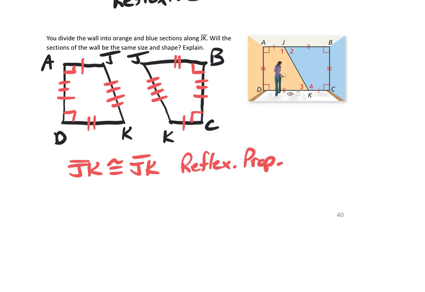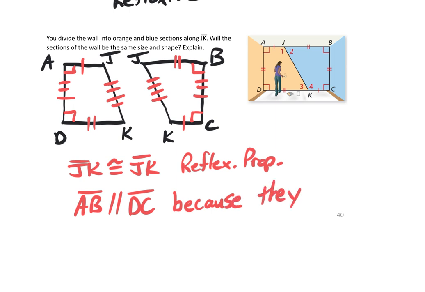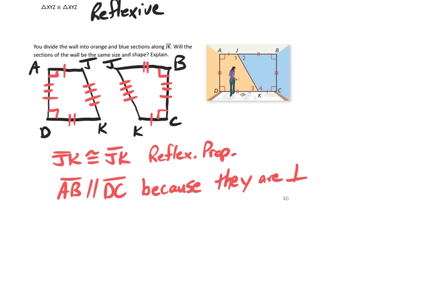So if these two are right angles, then that means AB must be parallel to DC because they are perpendicular to BC. If two lines are perpendicular to the same line, then they are parallel to one another.